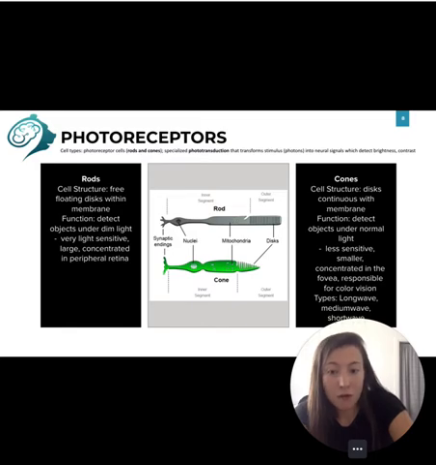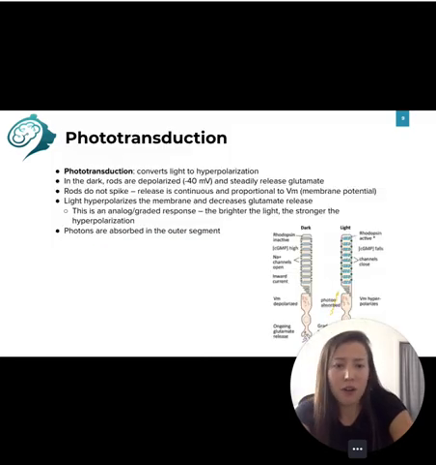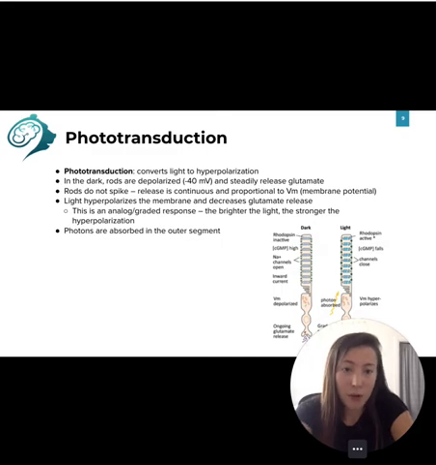Upon reception of a photon, the membrane of the photoreceptors is actually hyperpolarized, which is different than other cells, and through a series of biochemical events, that signal is transformed into vision. And these biochemical events in total are referred to as phototransduction. So this is the conversion of light to hyperpolarization. In the dark, rods are depolarized steadily to release glutamate.